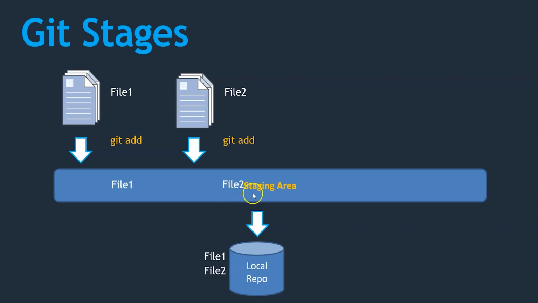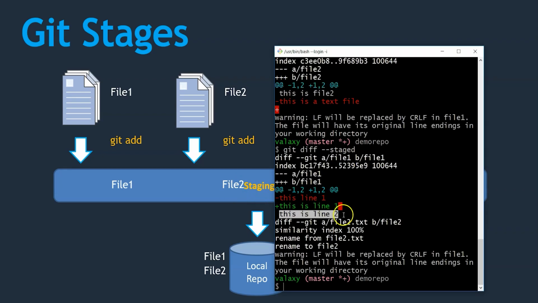That is the reason it is showing those two differences. Now you can see here we have removed this line 1 and we have updated it with this is line 1. That is how it identifies. And the last one, a space was extra in the previous one that we have removed over here. That is how it identified. Okay, so now the comparison happened between the local repository and the staging area.